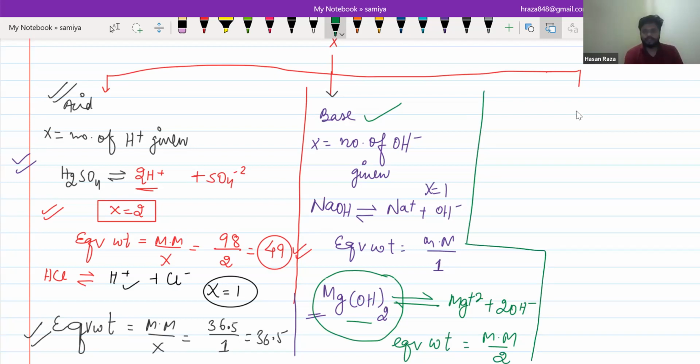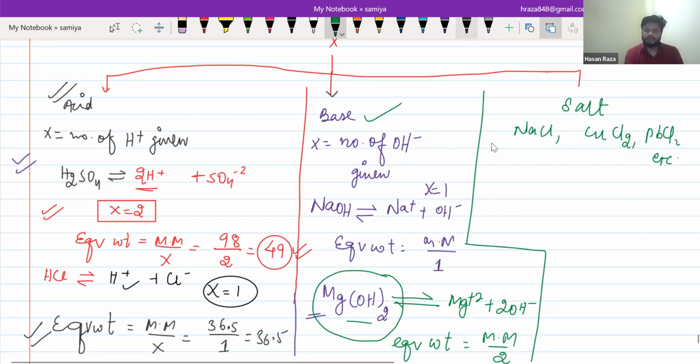Calculate X, that means the valency factor. Now, if the compound is a salt, take NaCl, CuCl2, PbCl2, etc., then what is the value of X?